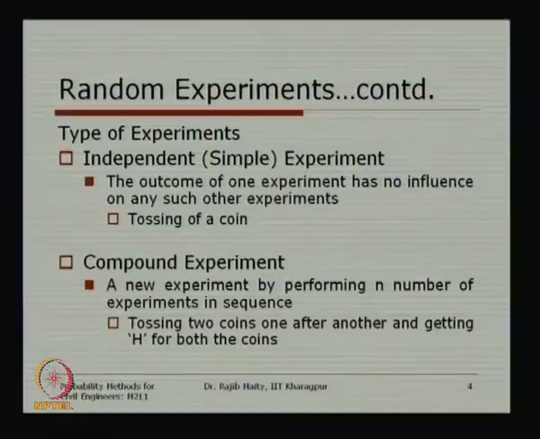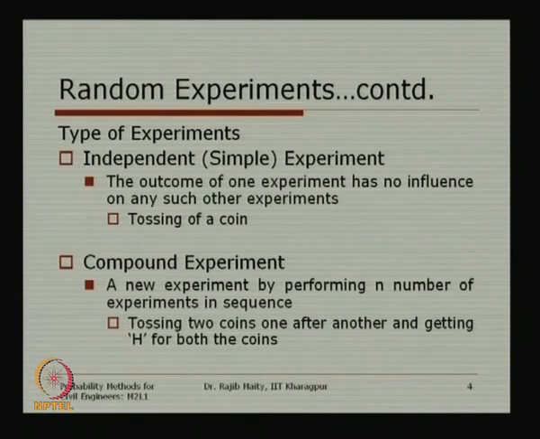So in this kind of experiment, the success rate of the experiment depends on the mutual performance of all the trials that we are performing. So this kind of experiment is known as a compound experiment.